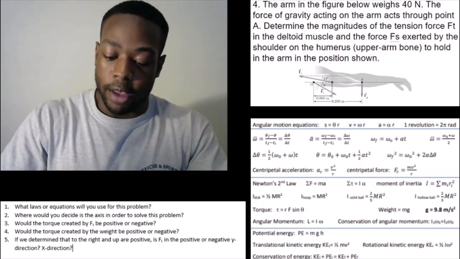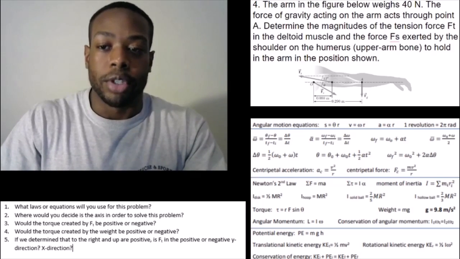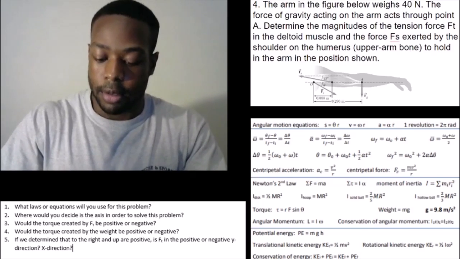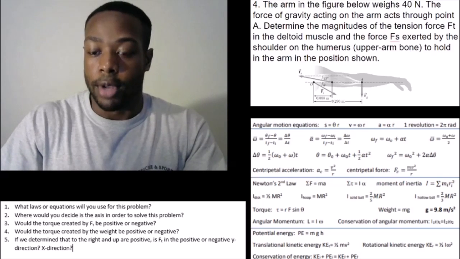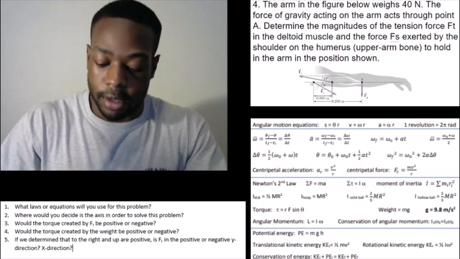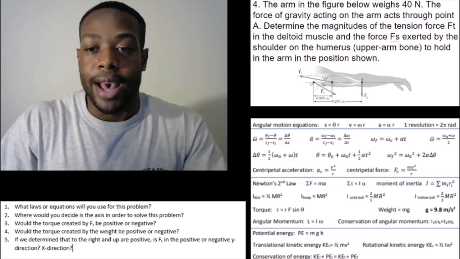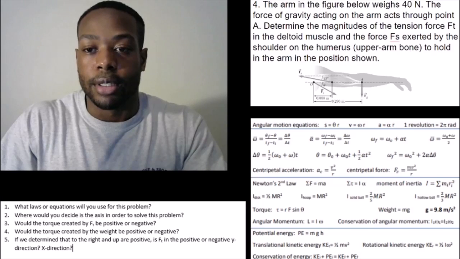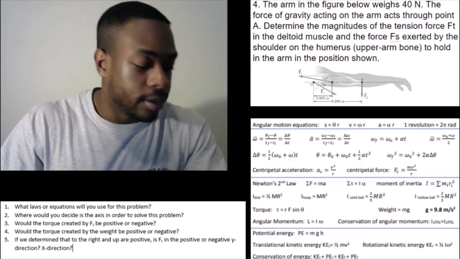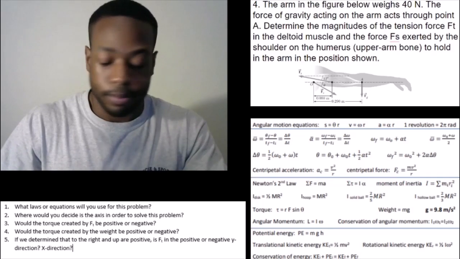So we have weight acting at the radius 0.29 meters. We're looking for force T, and that is 0.08 meters away from the origin, 0.0.